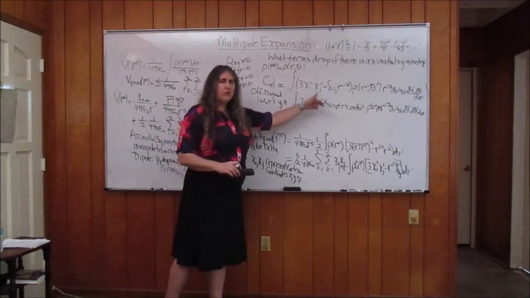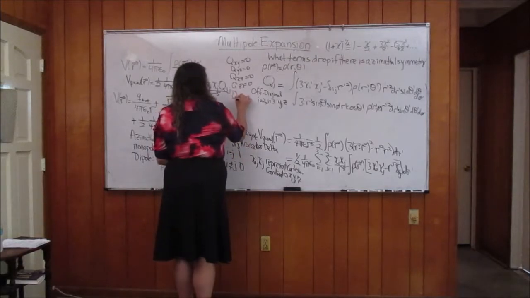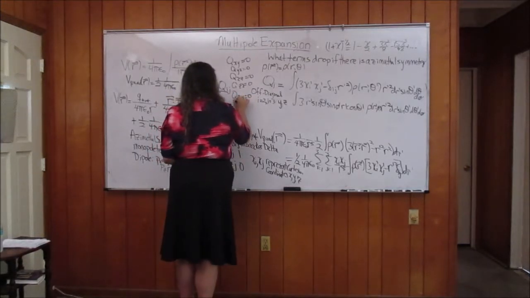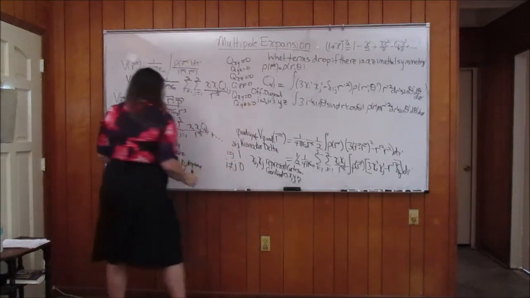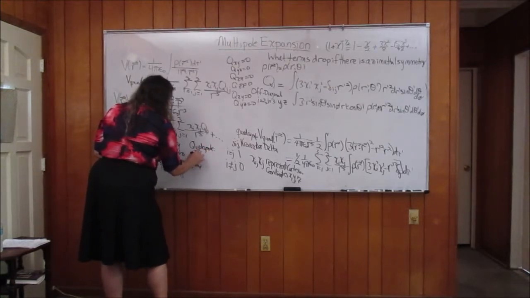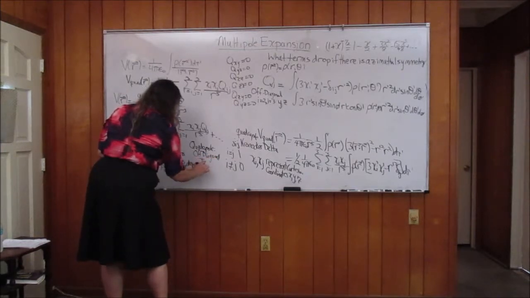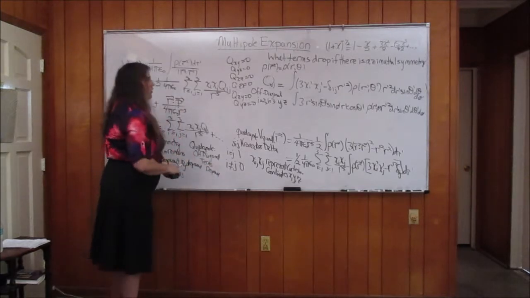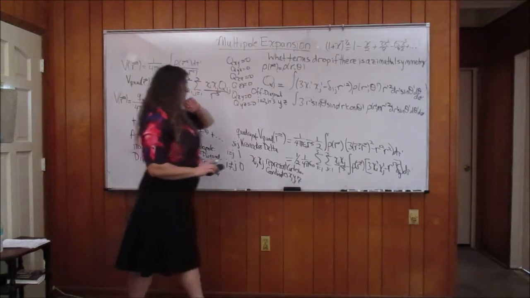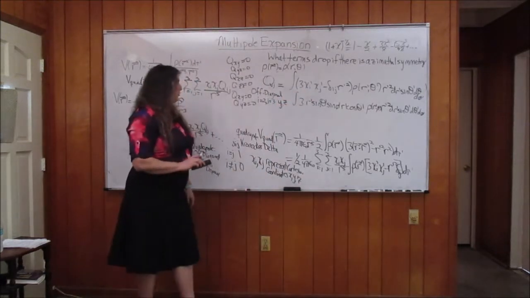You're doing the integral from 0 to 2 pi over sine phi prime. So that's also equal to 0. So for the quadrupole tensor, all the off-diagonal terms drop out.